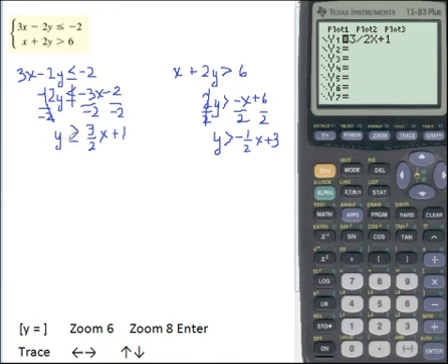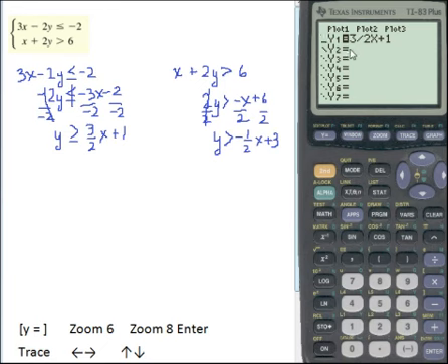And then I want to know how to shade it. Well, it's a greater than symbol, so I want to shade it above that line. And so I'll go to the far right and hit enter until it has the above mark, and that's right there.